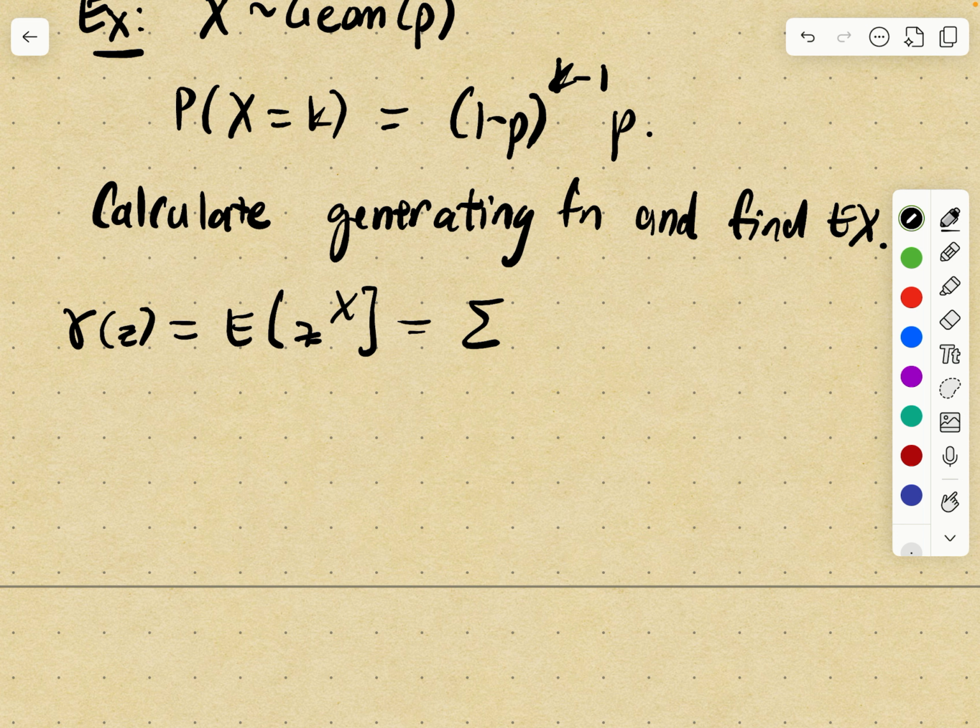So you get the sum, because k goes from 1 to infinity of z to the k times (1 minus p) to the k minus 1 times p.